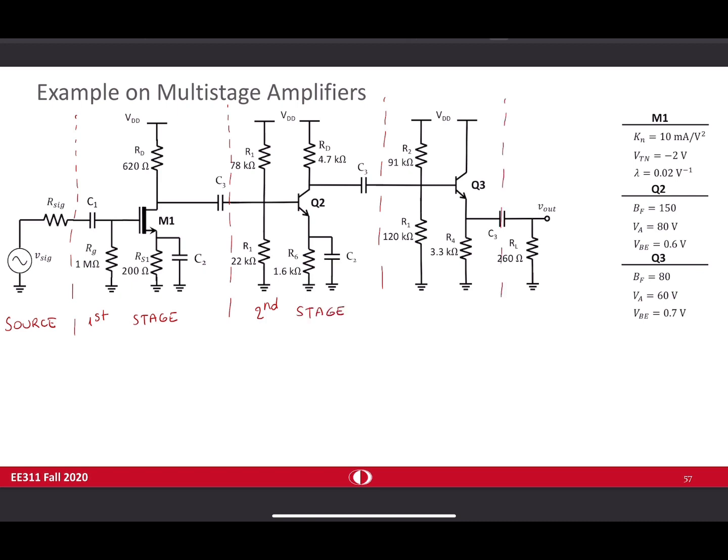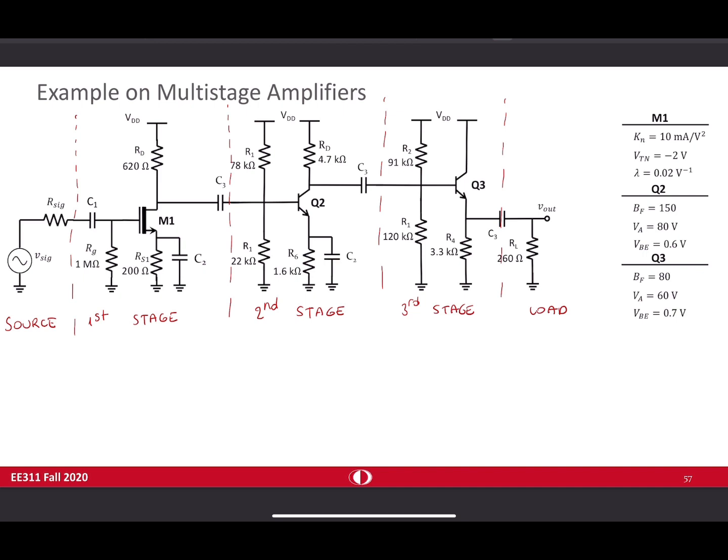And we have the last stage amplifier, and we have the load in here. So when we take a look at the first stage, we have a MOSFET. It is depletion type, but I told you before that, either you have enhancement or depletion, that doesn't matter. Small signal analysis does not change at all. It only affects the DC analysis.